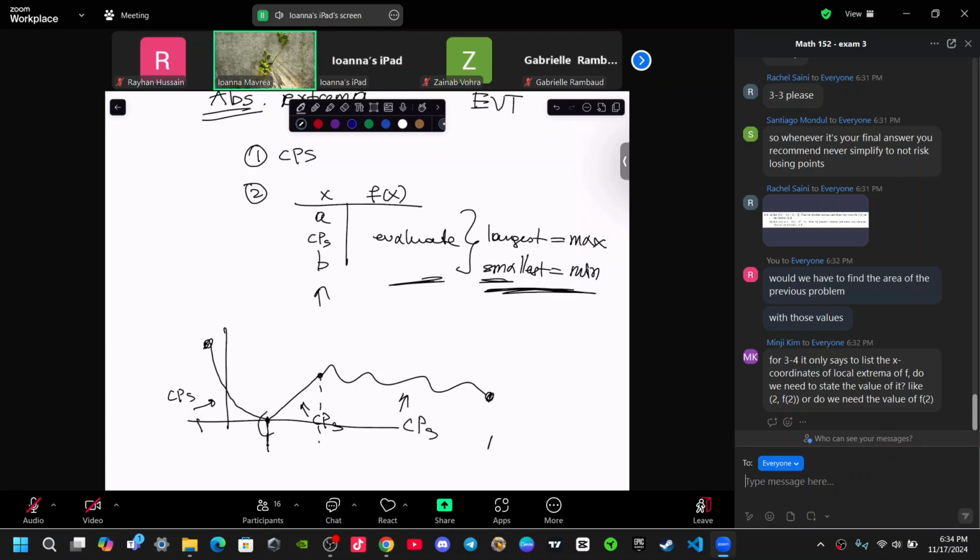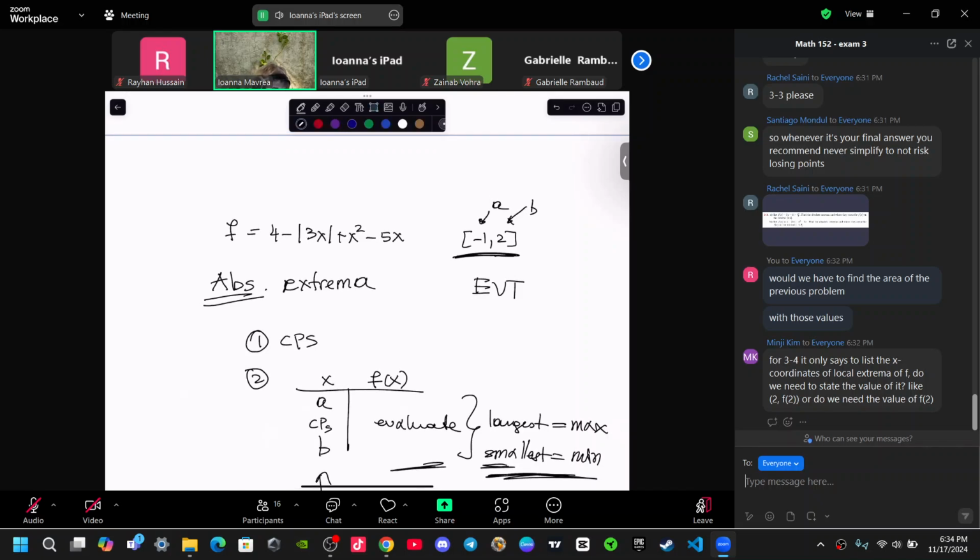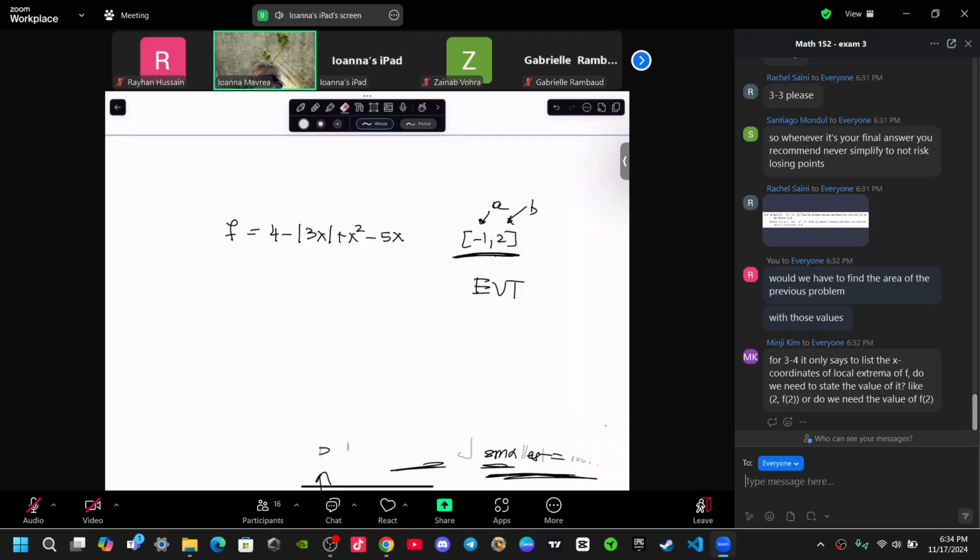These are three functions put together, so I'm going to put all the endpoints for these three pieces. So this particular function, you're given the function with absolute value.